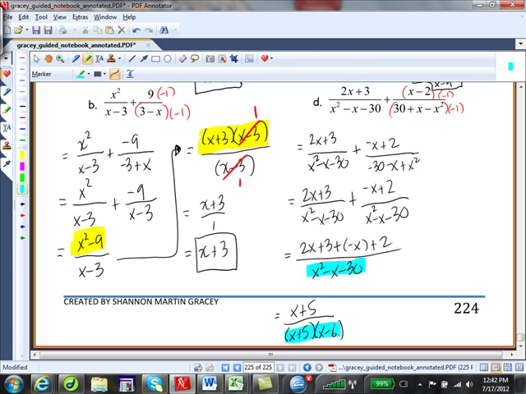So here's the factored form of the denominator, and we can divide out the x + 5's, and then we will get 1, don't forget the 1 in the numerator, over x - 6, and we are all done.